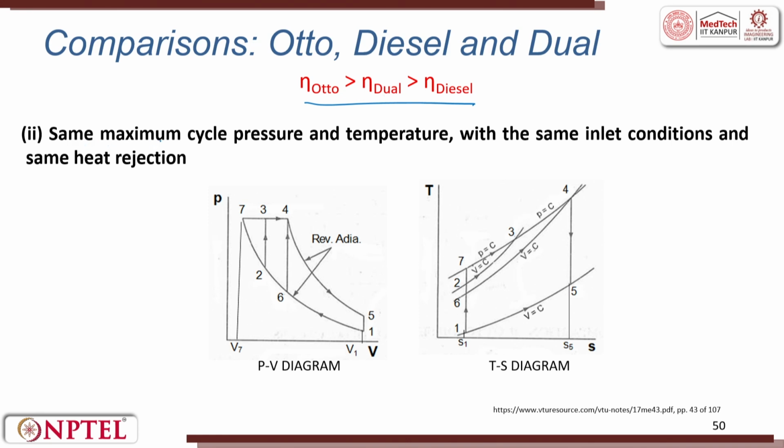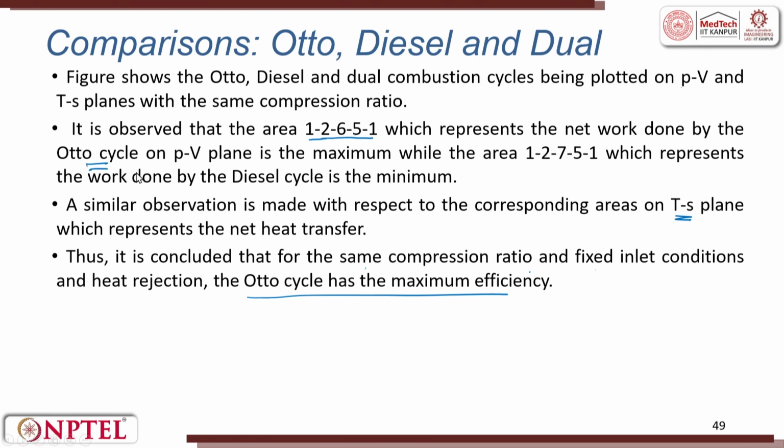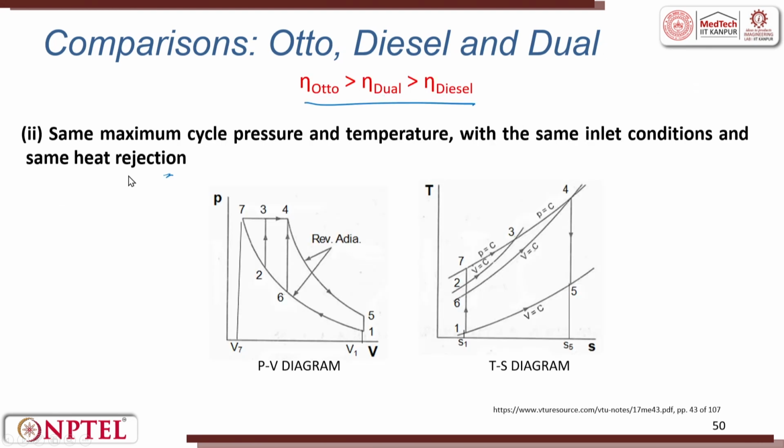Now, the same maximum cycle pressure and temperature, with the same inlet condition and heat rejection. So, you can see here 1, 6, 4, 5, 1. The other one can be 1, 6, 2, 3, 4, 5, 1.